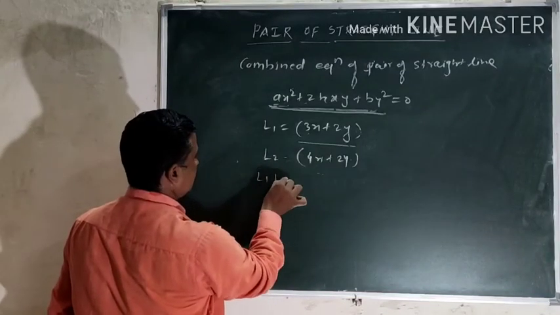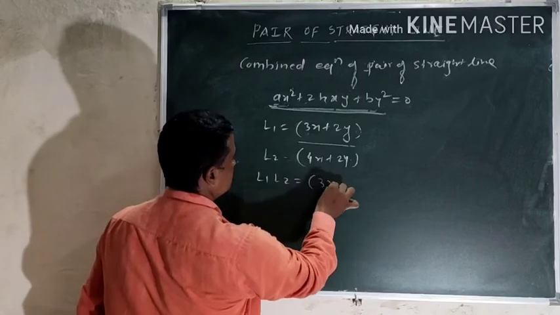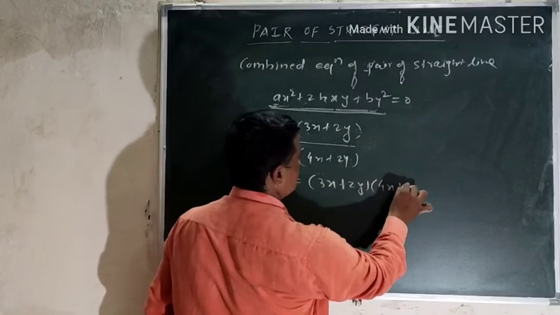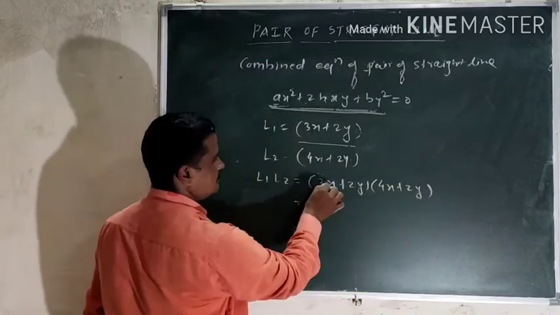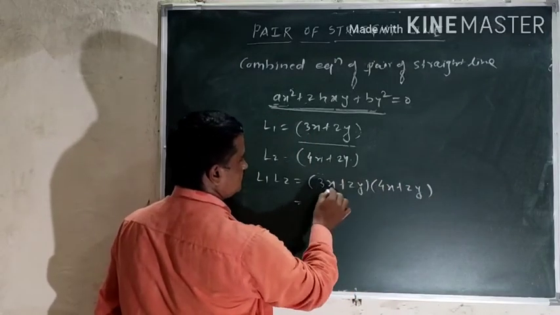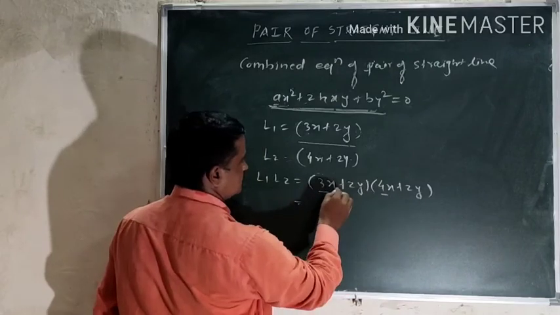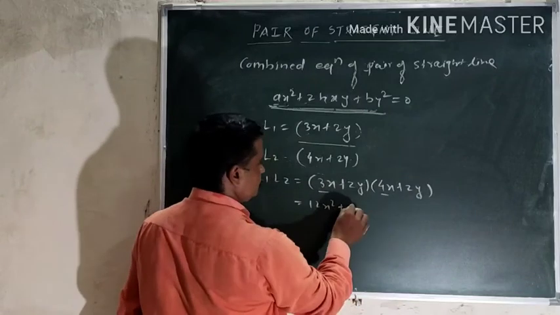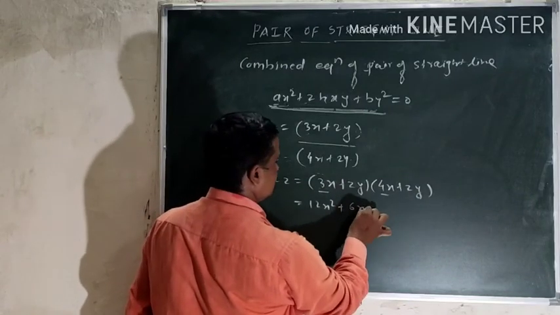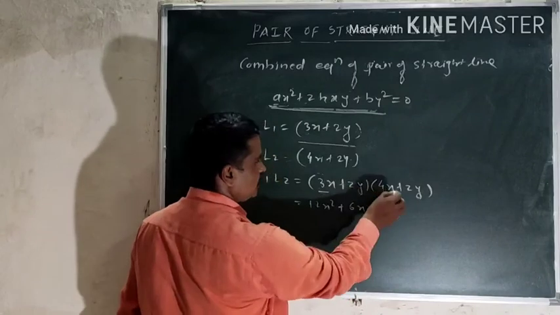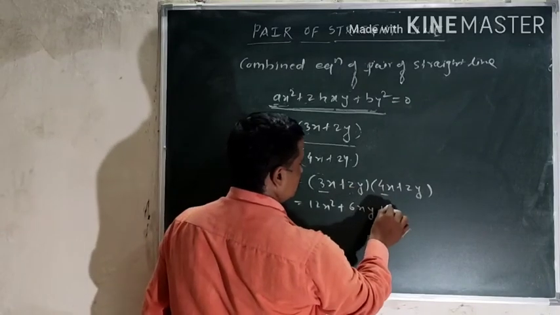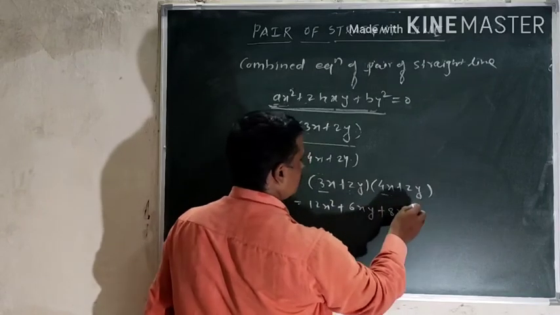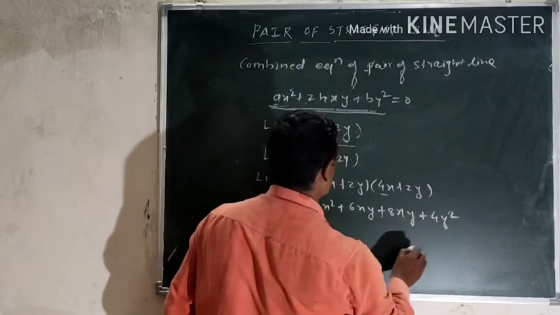So L1 into L2 equals (3x plus 2y) into (4x plus 2y). 3x into 4x is 12x square, 3x into 2y is 6xy, 2y into 4x is 8xy, and 2y into 2y is 4y square.